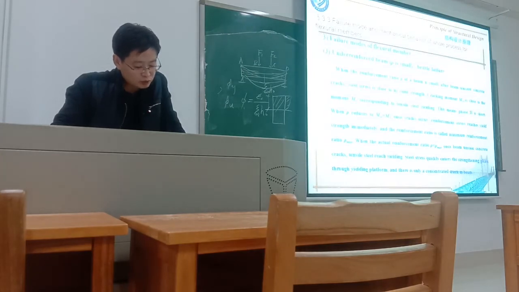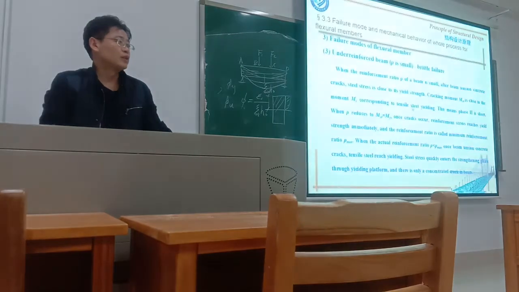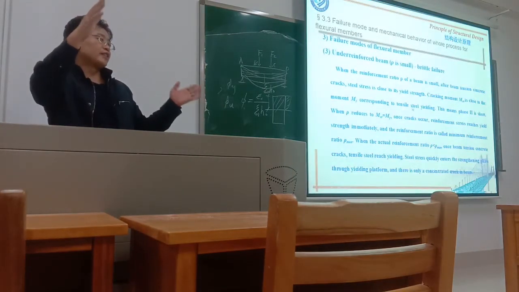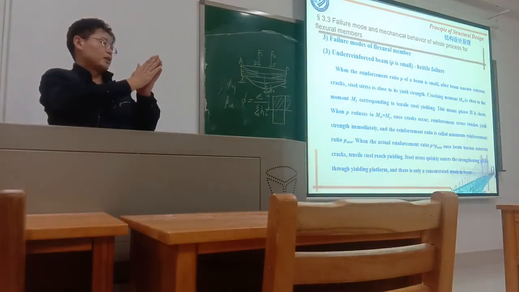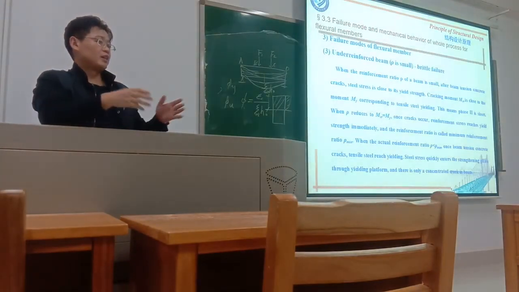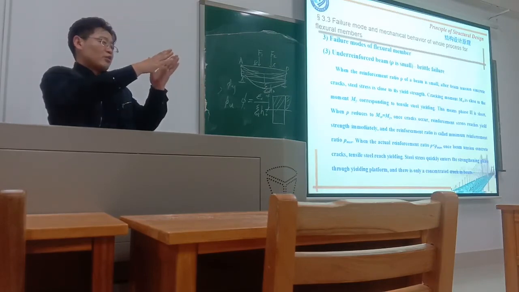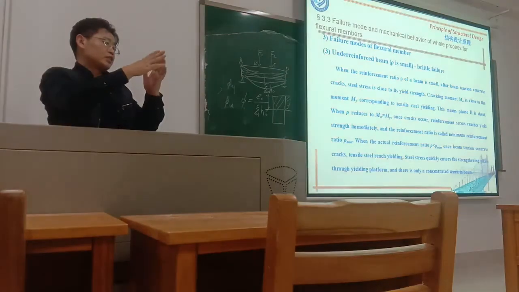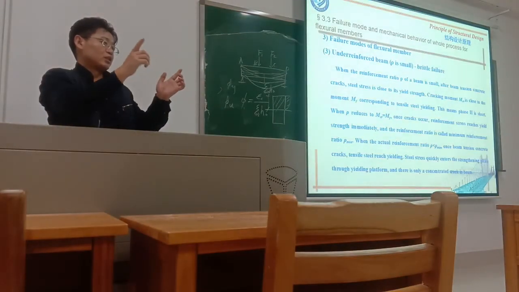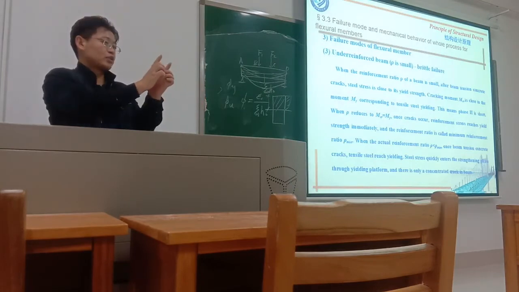That means phase 2 is shorter. Phase 2 is the phase of the development of the crack. The cracks become wider and longer. For this situation, phase 2 becomes very short. Once the crack appears, the steel just reaches the yield strength.